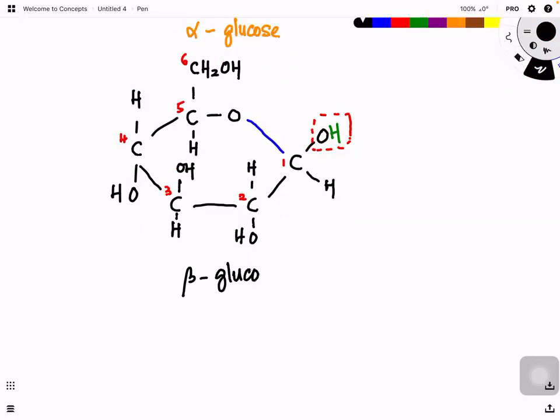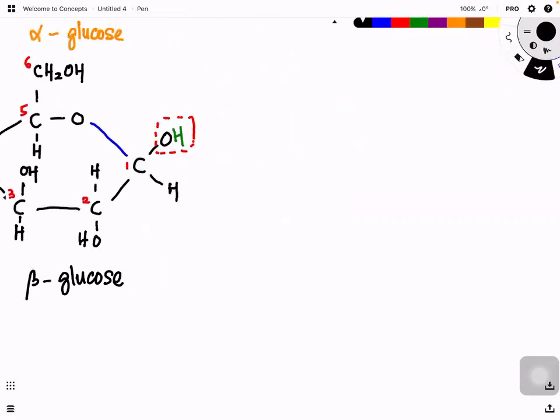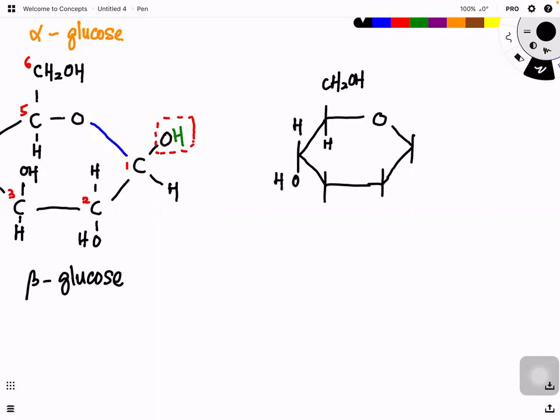So the simplified form, how you draw the beta glucose, is similar to alpha glucose. Again, you draw a ring structure first with the O. Okay, so with something like a pillar. So carbon number 6 is always outside the ring. H, so HOH, OH, HOH.